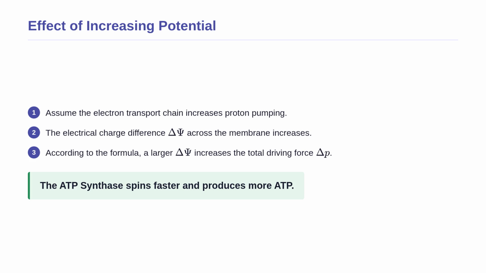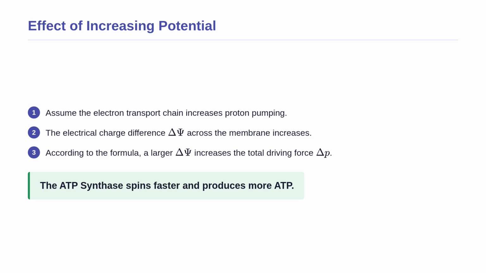Let us apply this formula to a biological scenario to see how changes affect the cell. Suppose the electron transport chain becomes highly active and pumps more protons. This directly increases the electrical charge difference across the inner mitochondrial membrane.